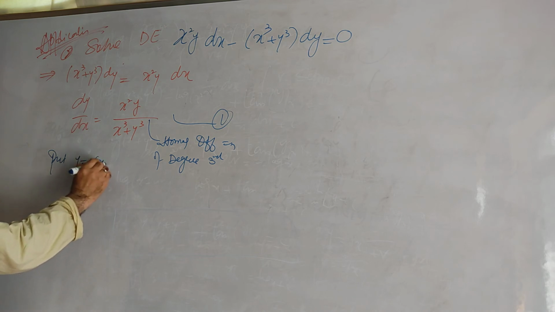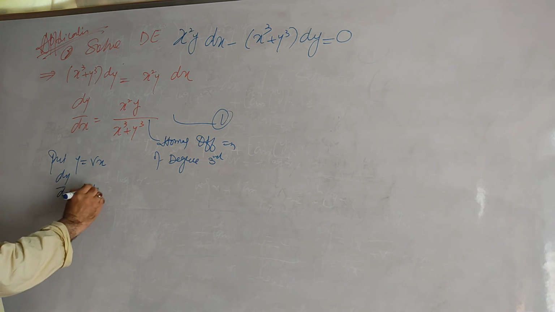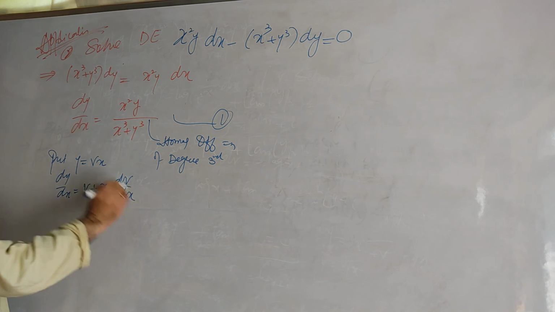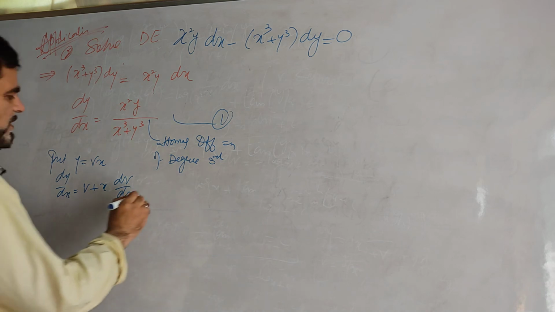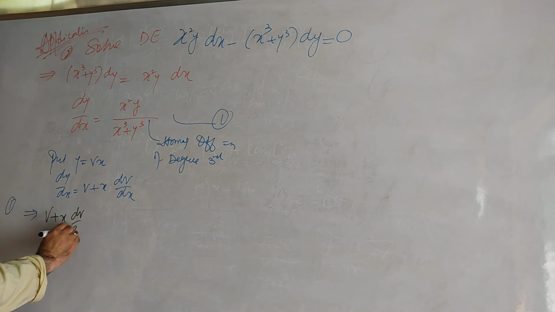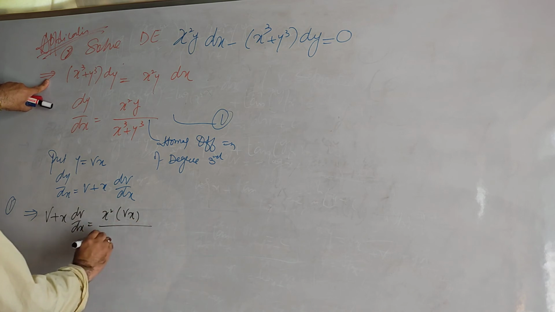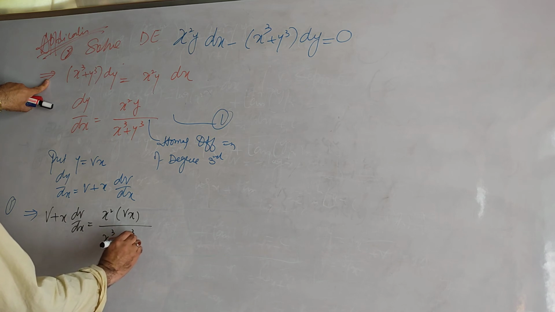So how do we proceed? We put here y is equal to vx, so that dy by dx is equal to v plus x dv by dx. v is a function of x and y. Using this in the first equation, v plus x dv by dx equals x square times vx, over x cube plus v cube x cube.